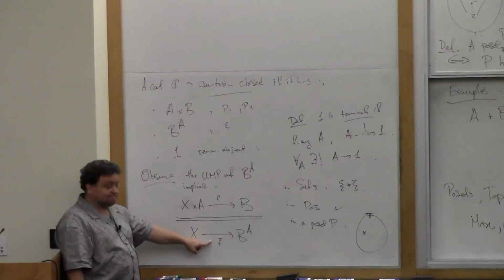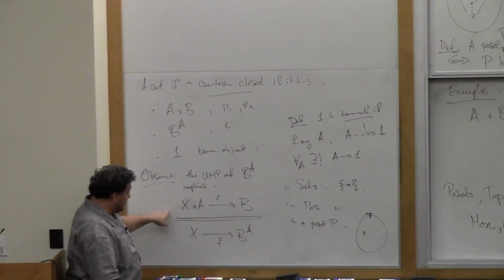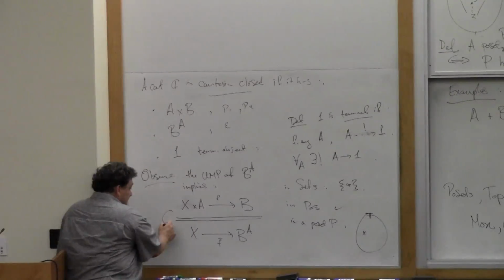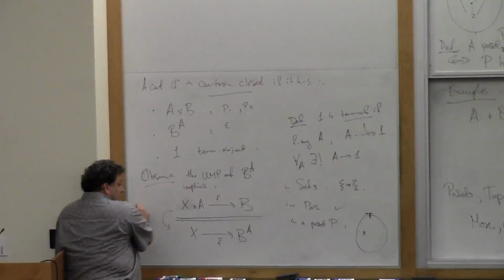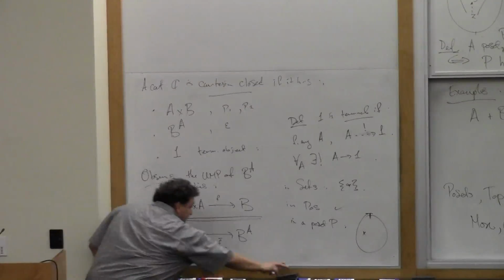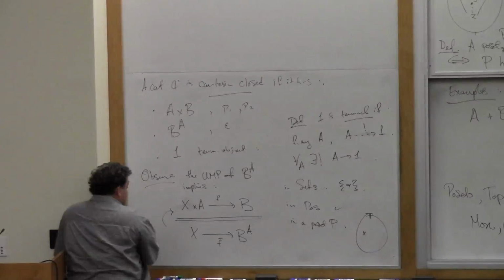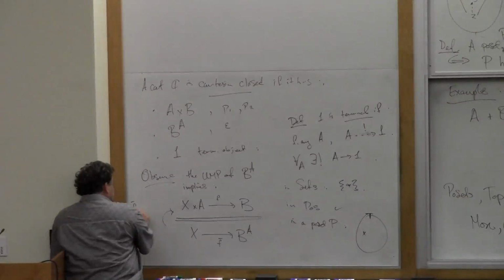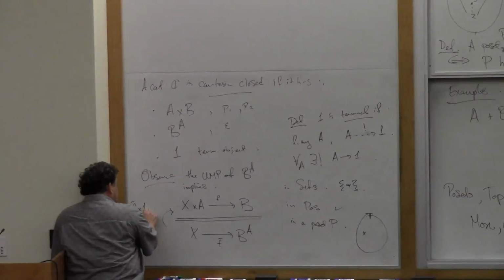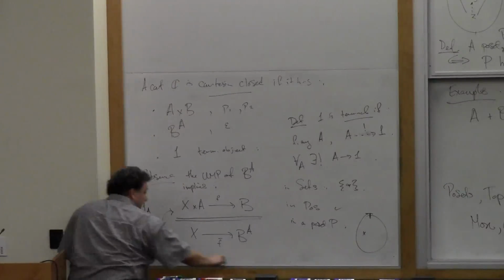Make sense? So the assignment that goes from here to here is take F bar, cross it with 1A, and compose it with evaluation.